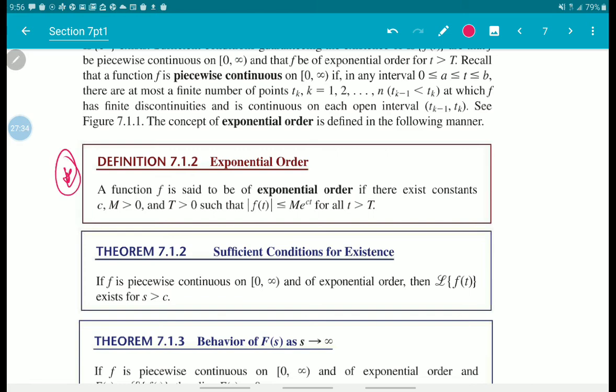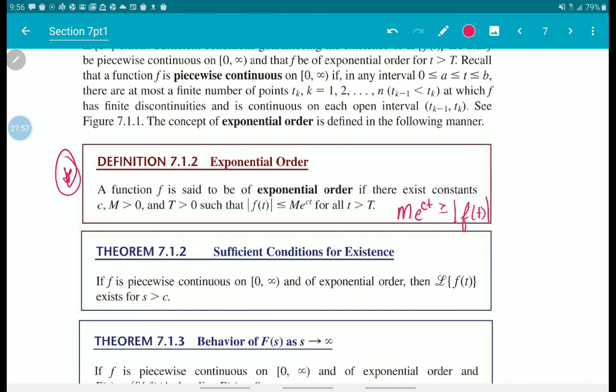So if we have a function f, it's said to be of exponential order if there are constants c, m, and t, such that this condition holds. And I'm going to rewrite this thing the other way. Let me write this as m e to the ct is greater than or equal to the absolute value of f of t.